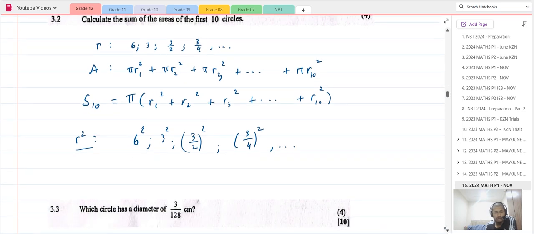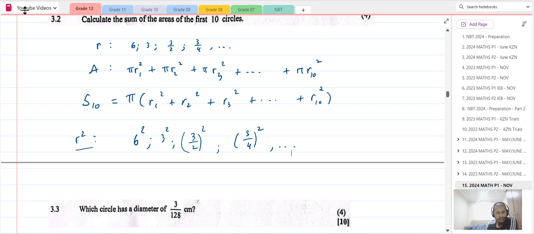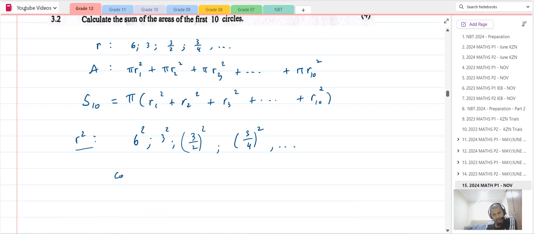So do we get a common ratio here? The common ratio is 3 squared divided by 6 squared, which is basically half squared. That's basically 9 over 36, so it is half squared. In other words, we are getting a quarter.